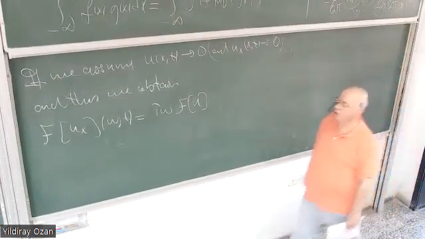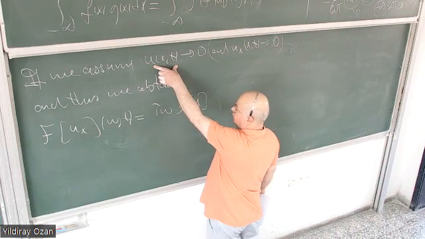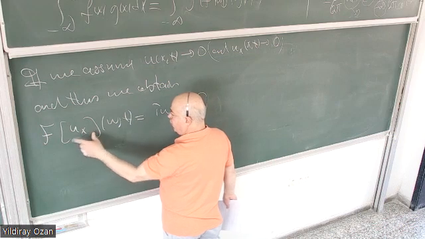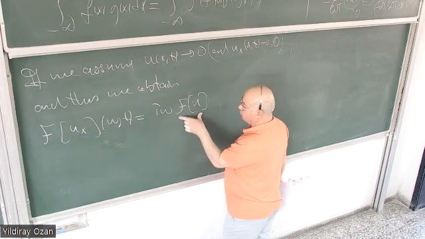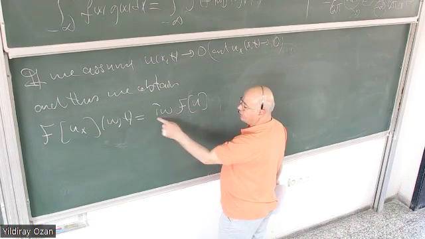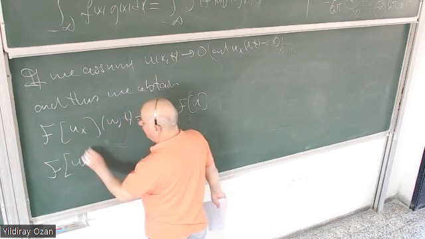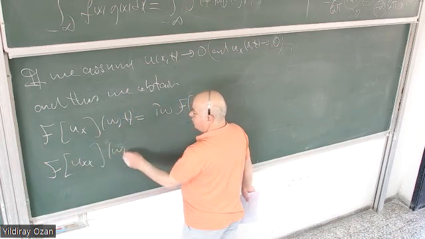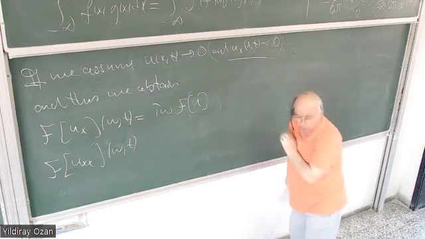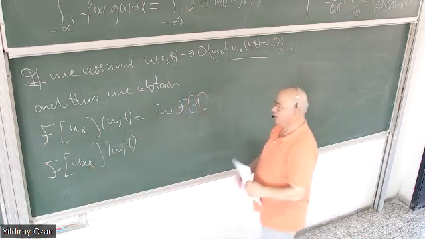Therefore, for a function like this, the Fourier transform of the derivative with respect to x is just equal to the Fourier transform of u multiplied with this number. Well, if I apply this one more time, this time I will assume also this goes to zero, because I'm taking the derivative one more time.